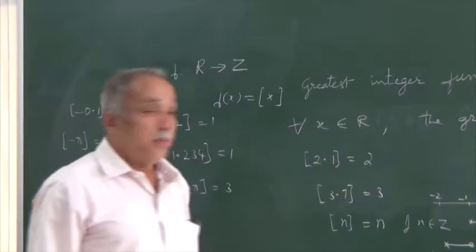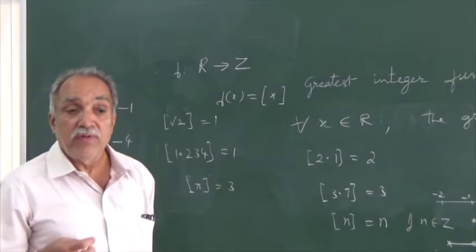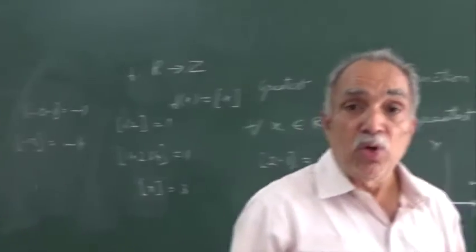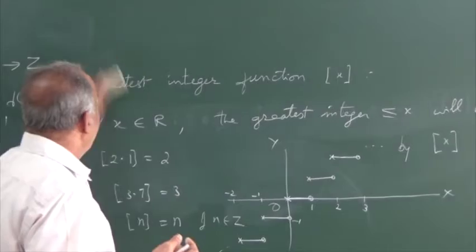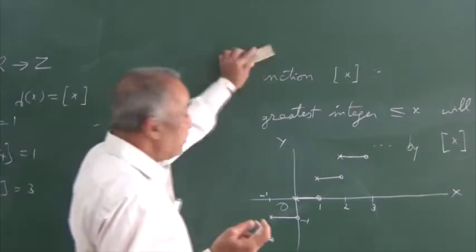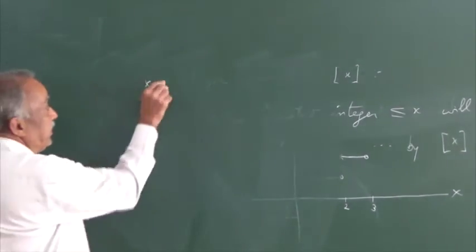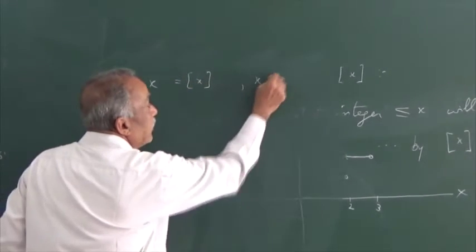Okay. Before taking up more illustrations involving integer part of x, let me explore more on the meaning of the integer part of x. Consider any number x. If the number is an integer, I find integer part of x is equal to x.